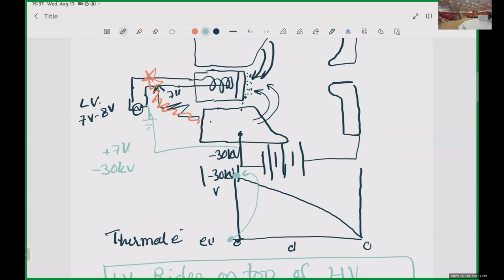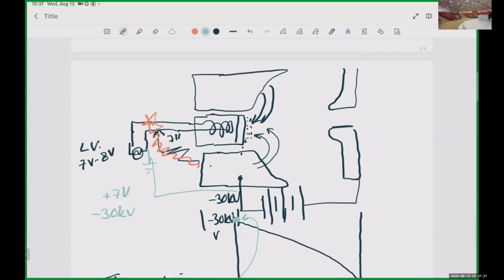May I ask you, Sir, why are we not increasing the potential of the anode rather than decreasing that of the cathode? A very nice question. It is the human interface. The anode is usually the part where experimentation and all the things are done, so this part is always held at ground.